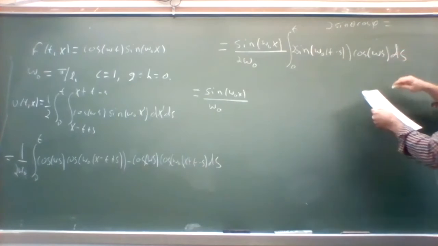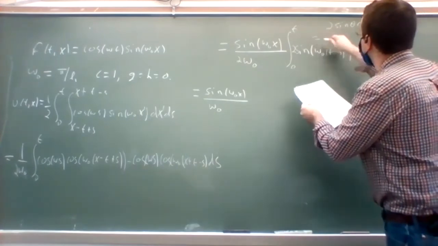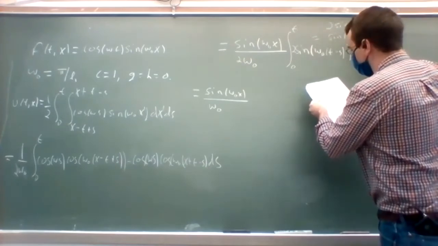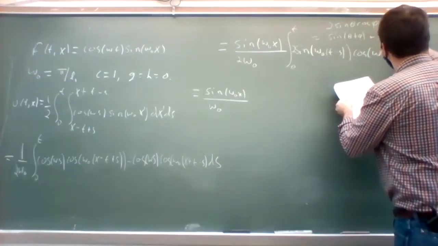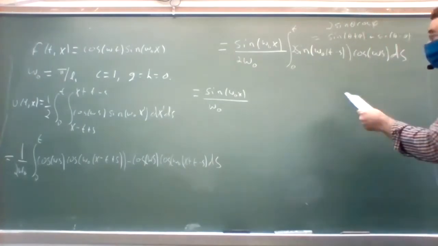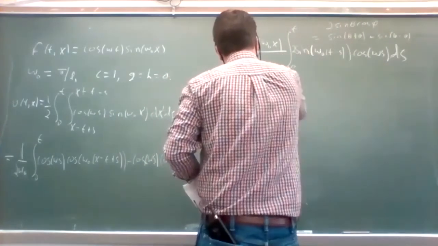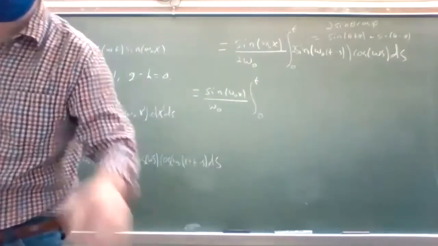So this one becomes, I'll write the equality below, sine theta plus phi plus sine theta minus phi. So then I'll give you a minute. Please fill in the integrand using that formula.